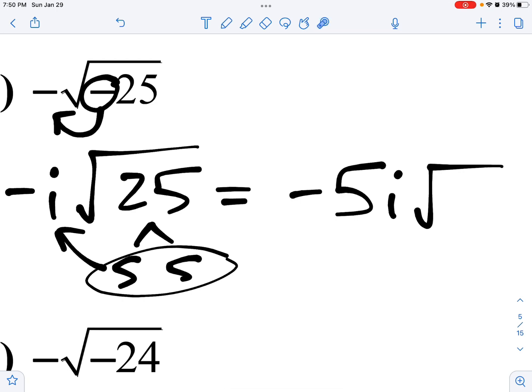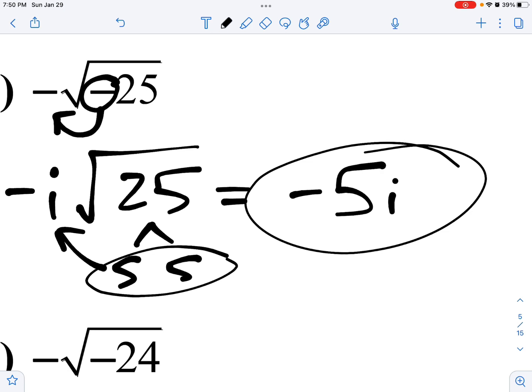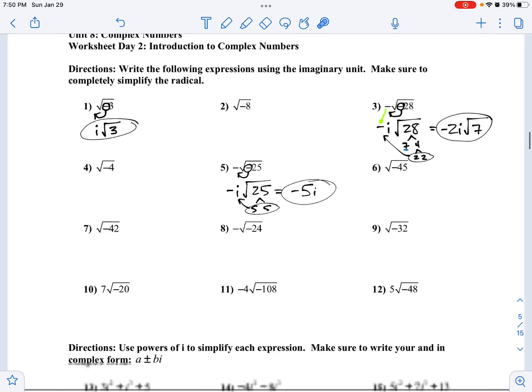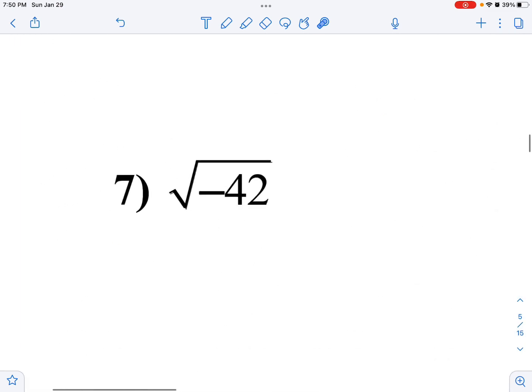There's no numbers down here that have to stay in, so we don't even need this square root, so I'm going to erase it. So I erased my i on accident. There is the final answer, okay? Square root of 25 is 5. So you have a 5, you have an i, and you have a negative sign. That's our answer.